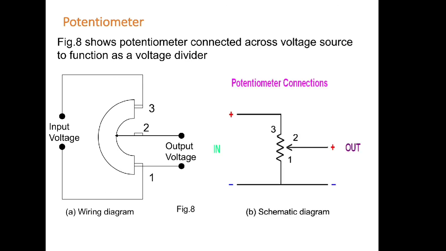Also, when terminal 2 is at point 3, the maximum input voltage, I mean the input voltage, will become the output voltage. Suppose if that terminal is at point 1, then there is no output voltage. In this way, the potentiometer is used to get the variable voltage source and to function as a voltage divider.